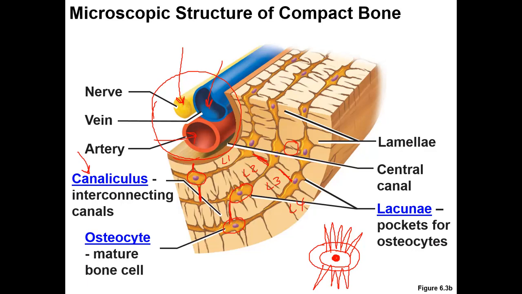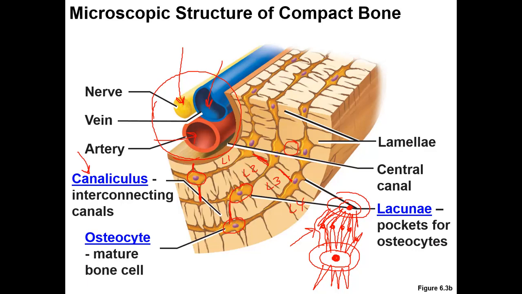And then if we put another lacuna here with another osteocyte in it, and the extensions off the osteocyte go like this, these osteocytes can communicate with each other by gap junctions. So here are the gap junctions. And then these extensions off of the osteocytes are running through little canals called canaliculus or canaliculi.